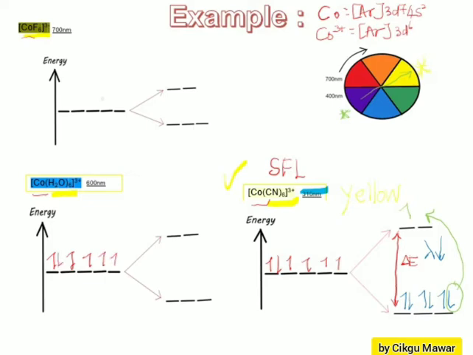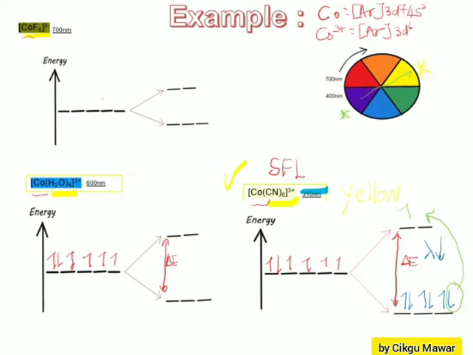The presence of aqua, a weak field ligand, splits the d orbital into two sets of orbitals. Here is the energy difference, which is smaller compared to the third one.